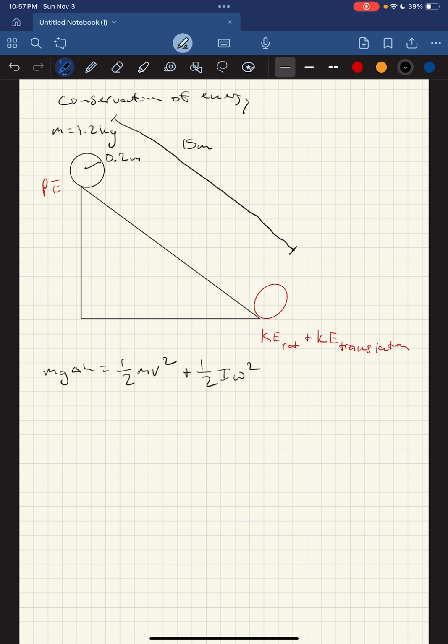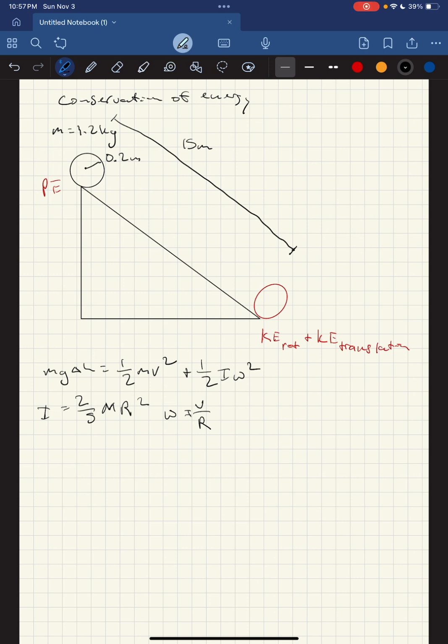The moment of inertia is 2 over 5 mr squared, and the angular velocity is equal to the tangential velocity over the radius.